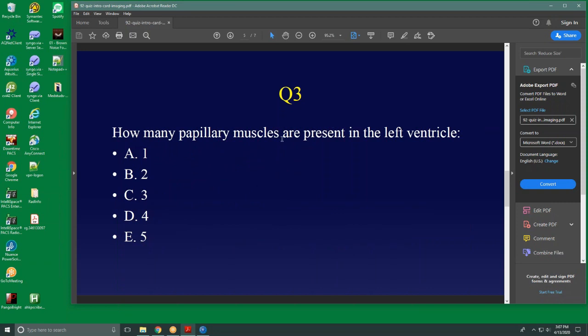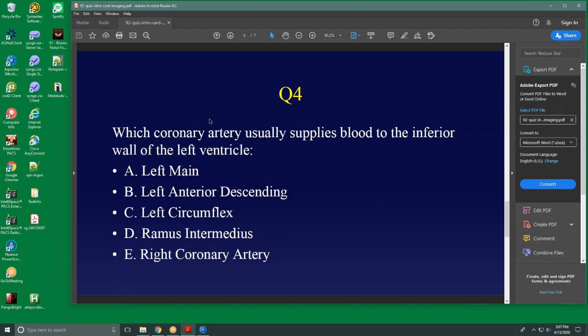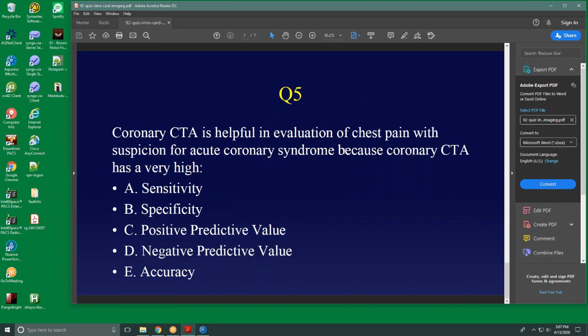Question 3, the number of papillary muscle groups present in the left ventricle is B, 2. Question 4, which coronary artery most commonly supplies blood to the inferior wall of the left ventricle? That would usually be E, the right coronary artery, about 70% of the time.